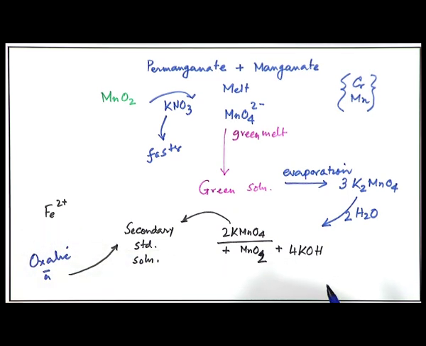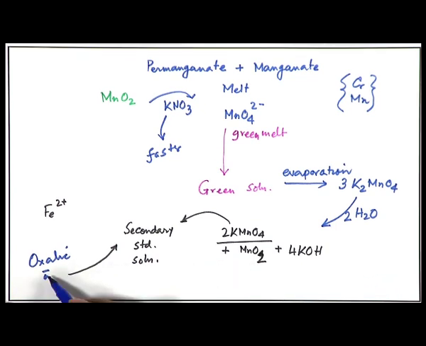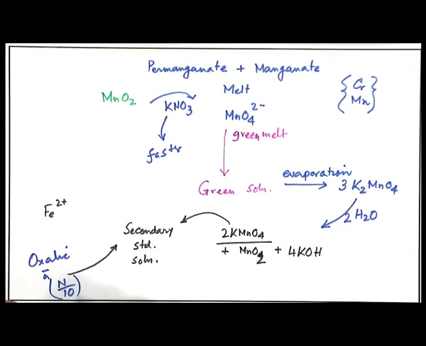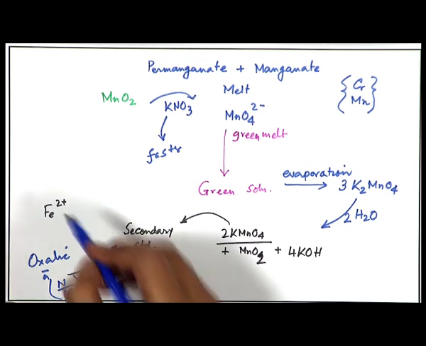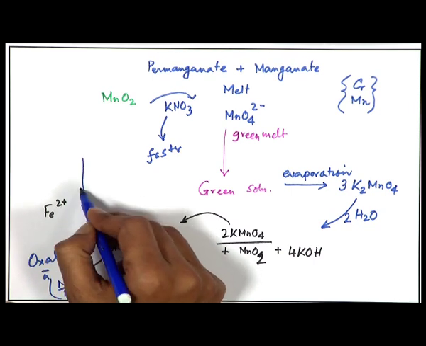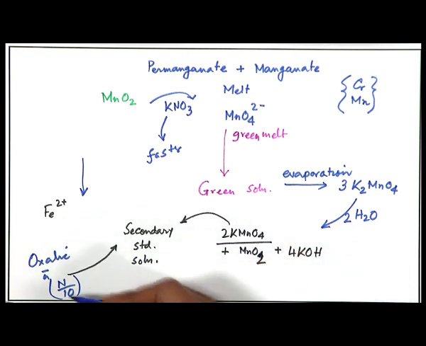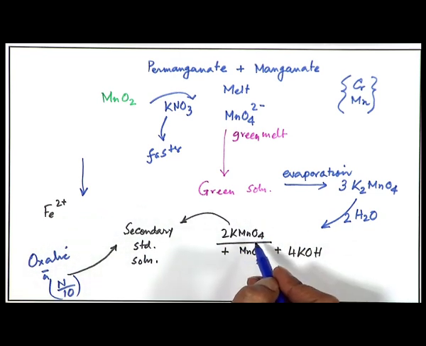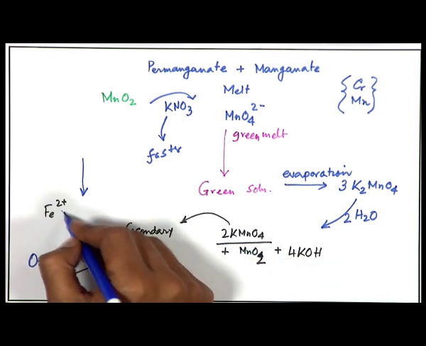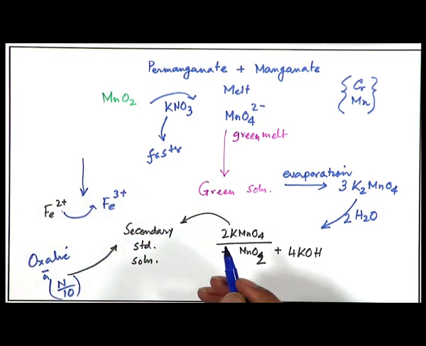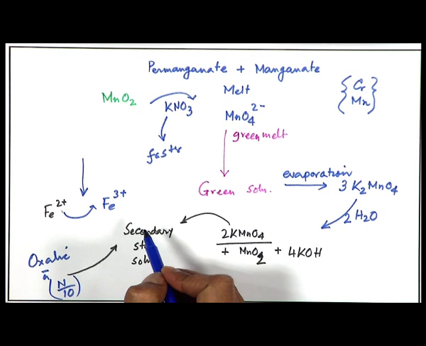which is a primary standard, by knowing some amount of oxalic acid in a solution of, say, the strength of N/10. Either sodium oxalate or oxalic acid we can make, and that can be used to standardize this solution, and ultimately iron in the conical flask can be titrated with the just standardized KMnO4 solution for conversion of Fe2+ to Fe3+ to know the unknown concentration of iron in the medium.